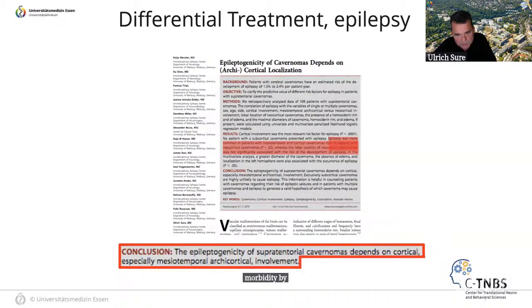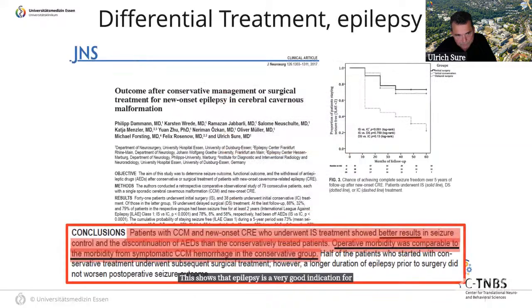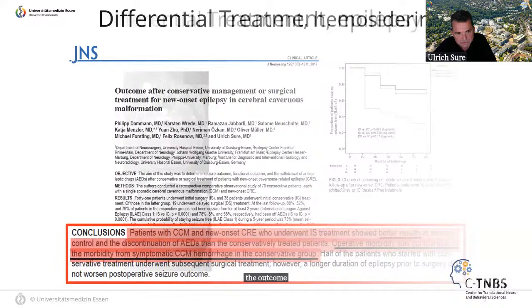The difference is those who were operated wouldn't have any more hemorrhages and wouldn't have epilepsy any longer and wouldn't take drugs. And for that reason, this shows that epilepsy is a very good indication for surgery. The outcome is very good after that.